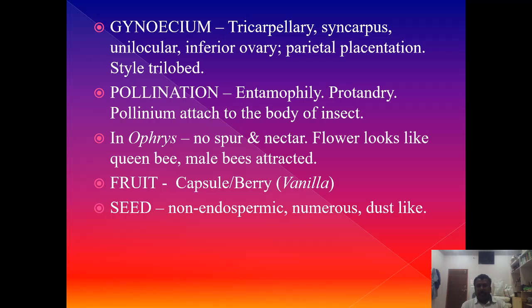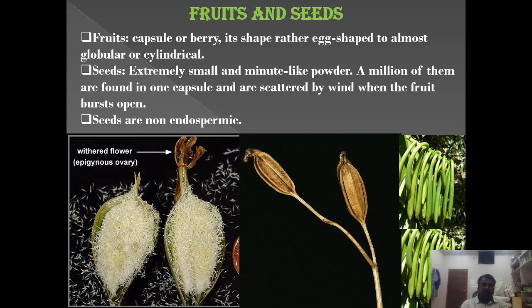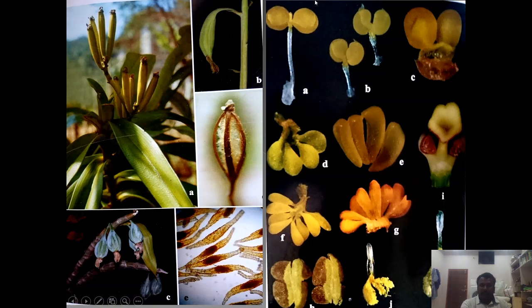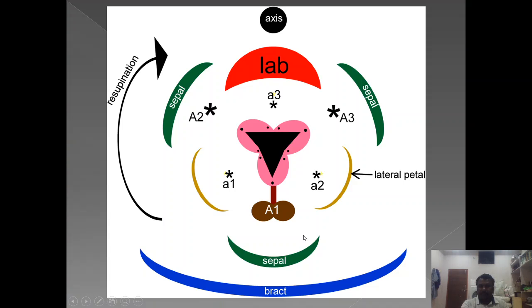The seeds are non-endospermic, numerous, dust-like, very, very small. You can see the seeds here. And these are the pollinia, 2 pollinia here, 4 pollinia here, and then 8 pollinia here. And this is the typical floral diagram of the flower of Orchidaceae.